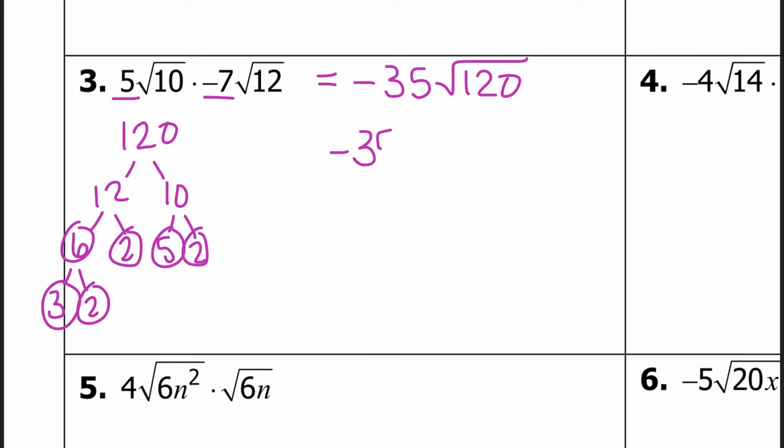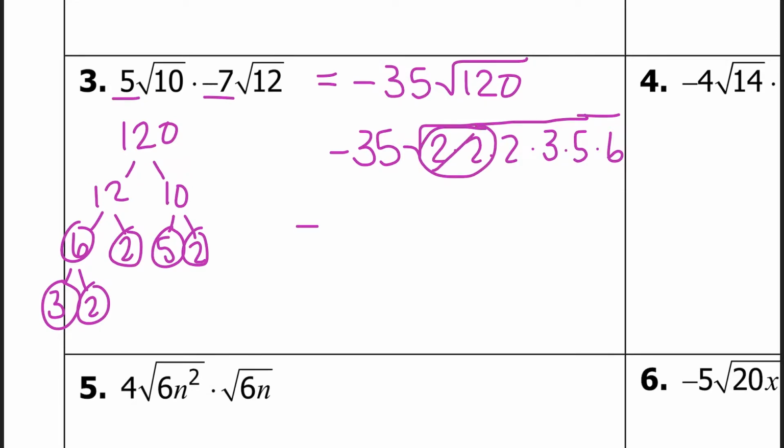So this is negative 35 square root of, let's see, I've got 3 2's, a 3, a 5, and a 6. So I'm going to take a pair of 2's and put a 2 out front, but I don't have any other pairs, so I'm just going to have to multiply these back together.